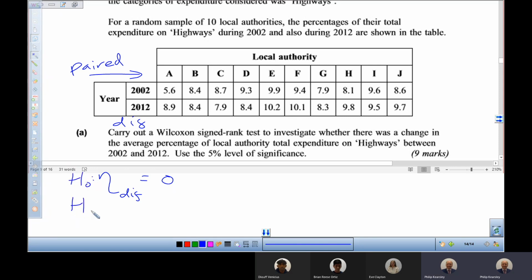One tail or two tail. Two tail doesn't specify what type of change, just says test for a change. So the difference between two isn't zero, i.e. there's a change.